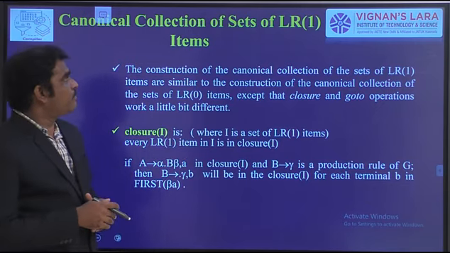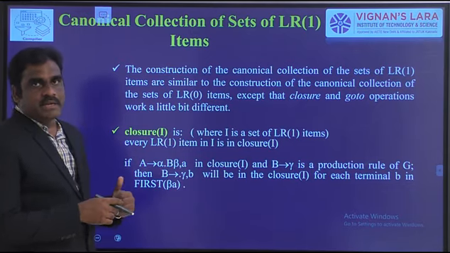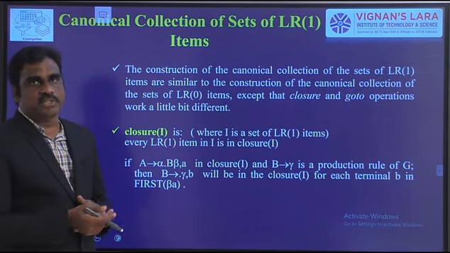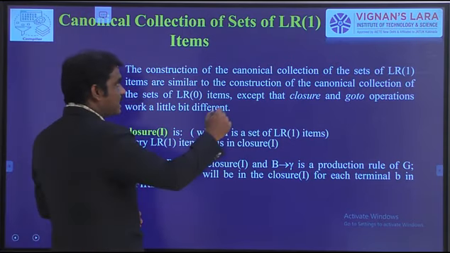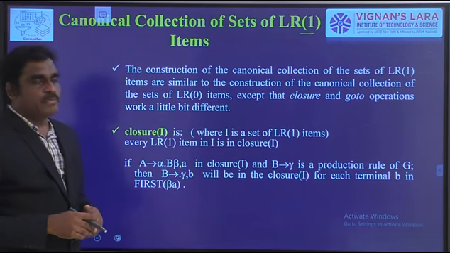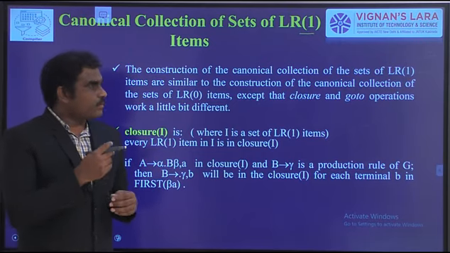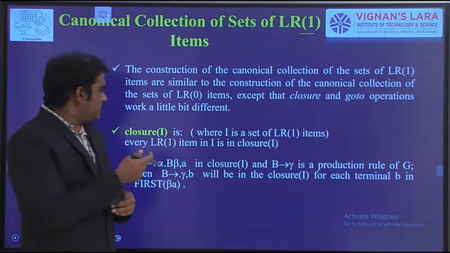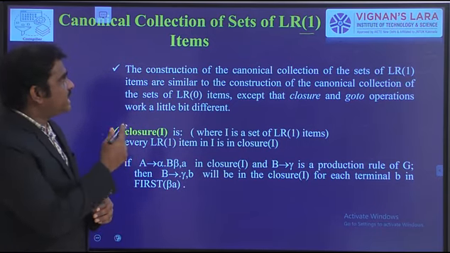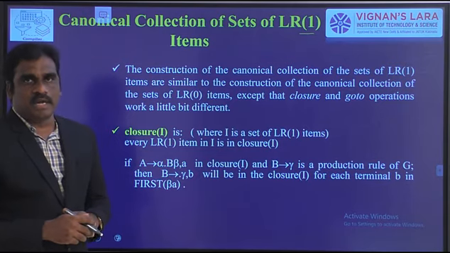Same way here also. Here this is CLR, and step 2 is the construction of canonical LR of 1 items. Here also we have to use these two functions, goto and closure, and compute the canonical LR of 1 items.